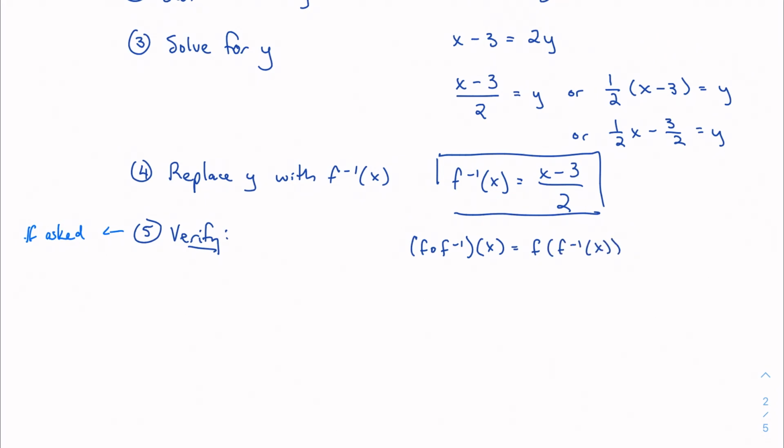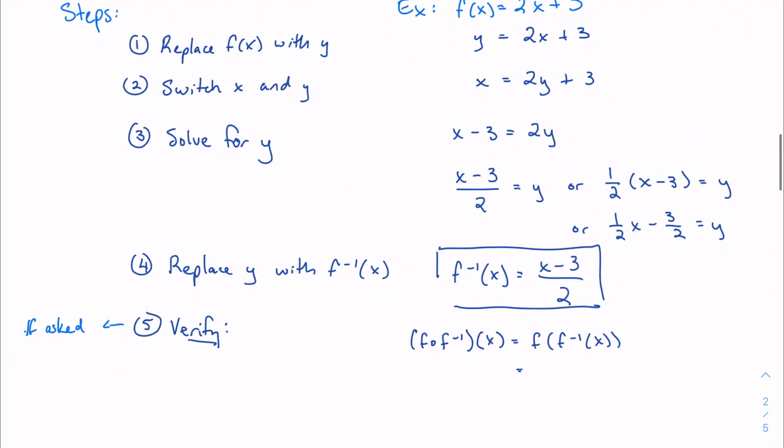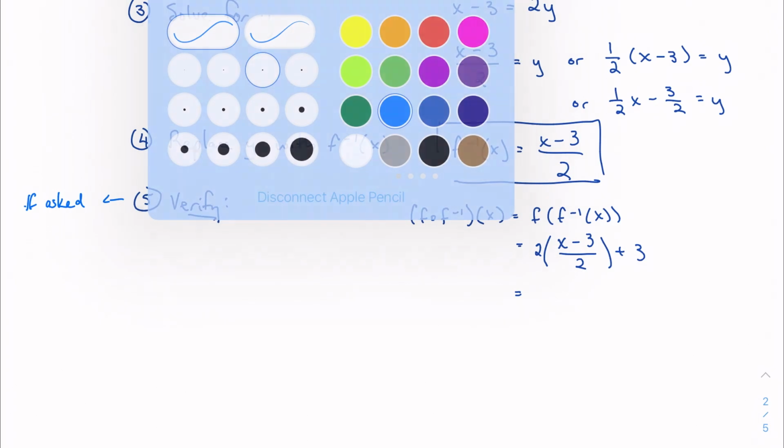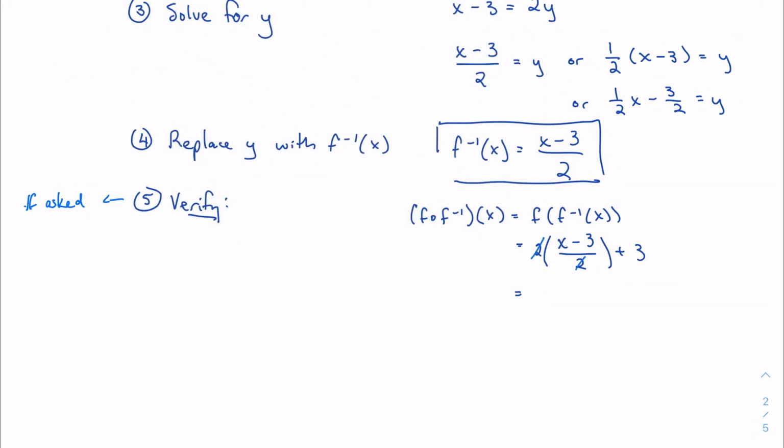So if I plug f inverse into f, so if I say 2 times f inverse plus 3, well, my 2's are going to cancel. So I'm left with x minus 3 plus 3, which is just x. So that works.